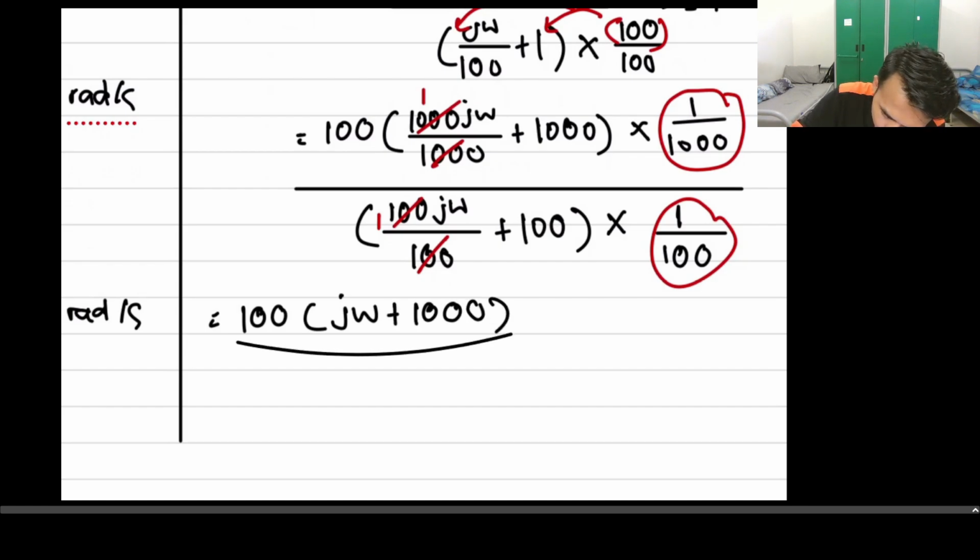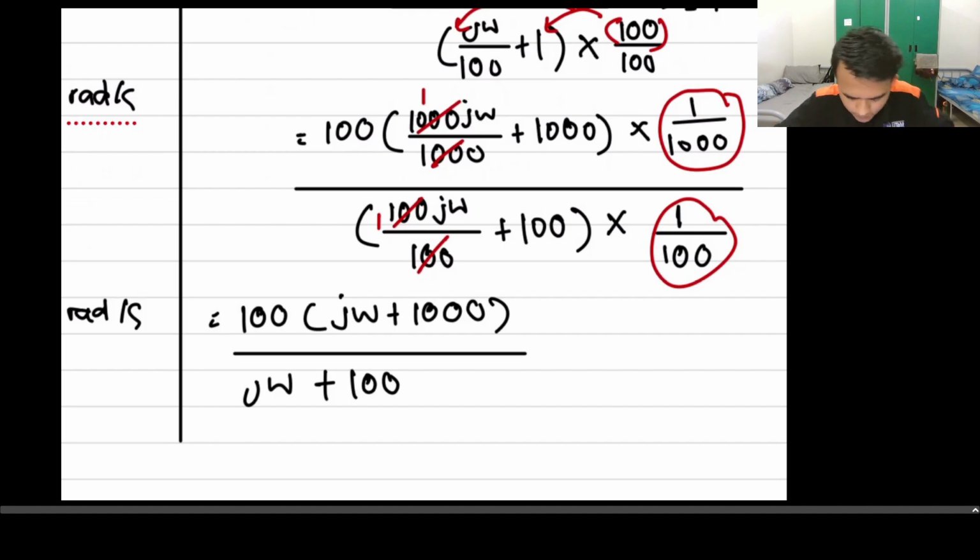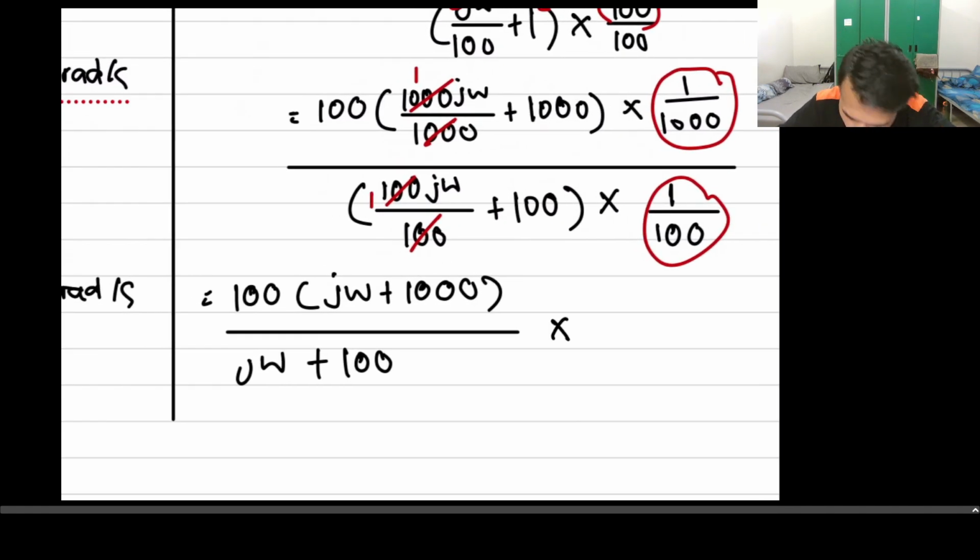divided by jω + 100, multiplied with 1 over 1000, divided by 1 over 100.